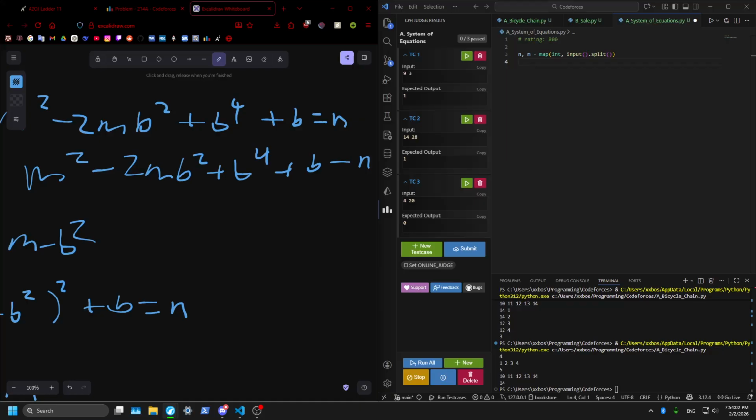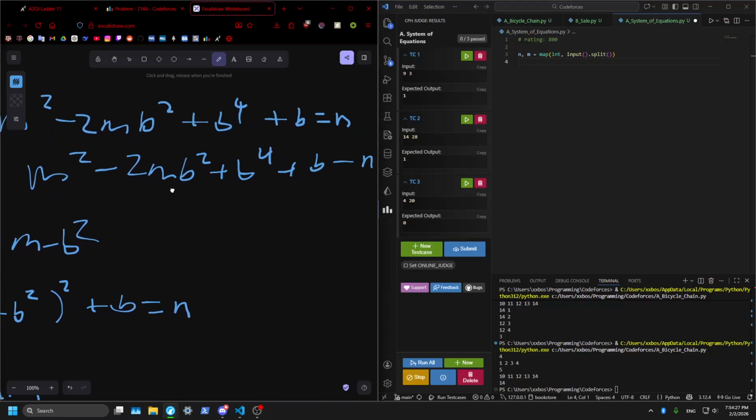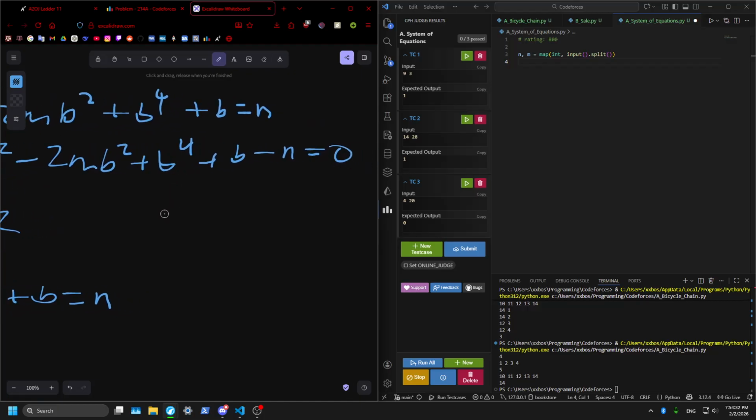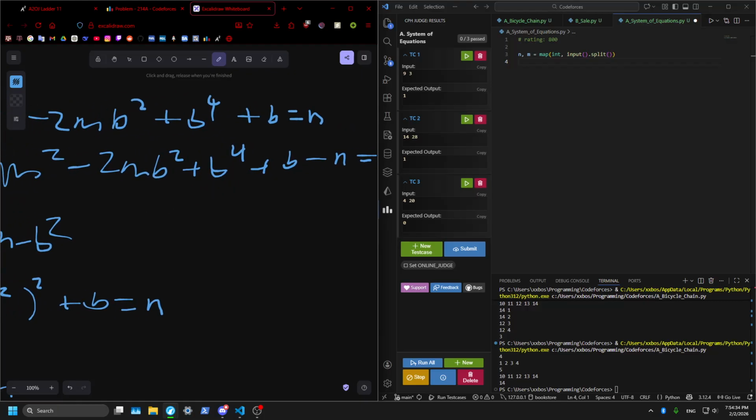It's probably not allowed. We have here b to the fourth minus 2mb.